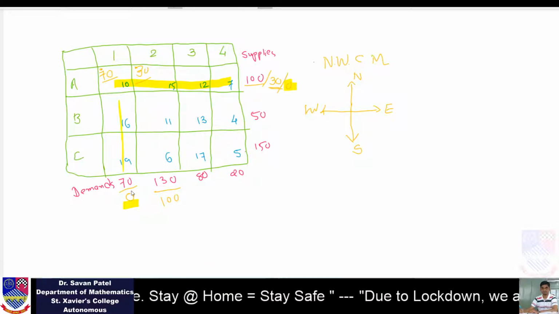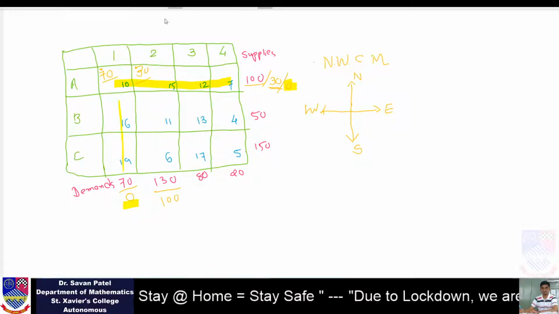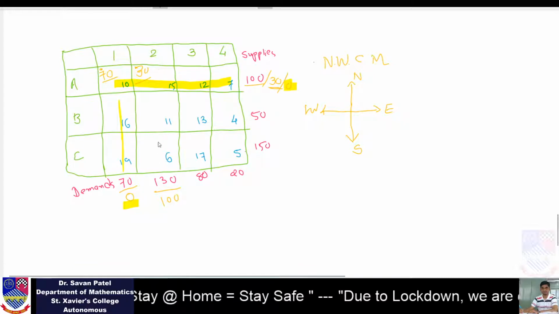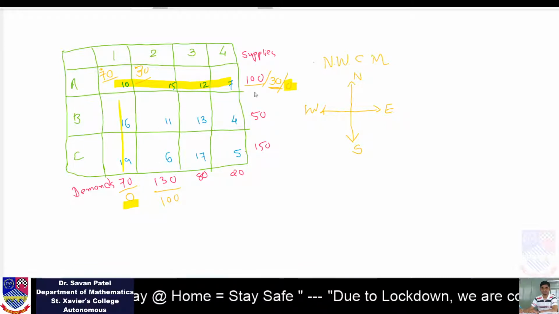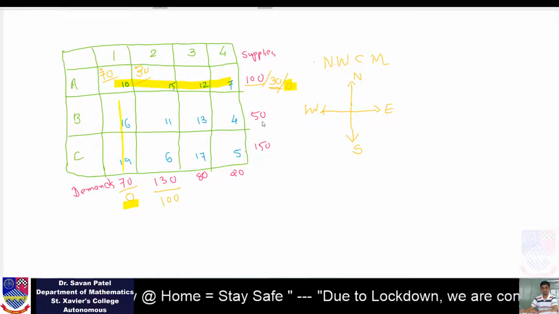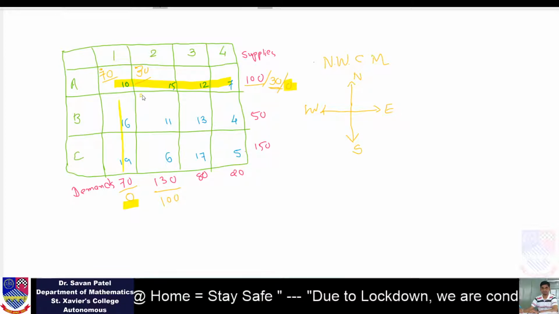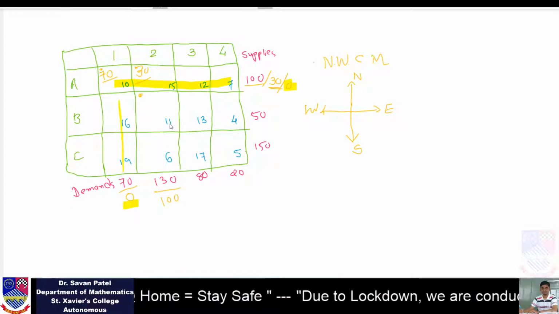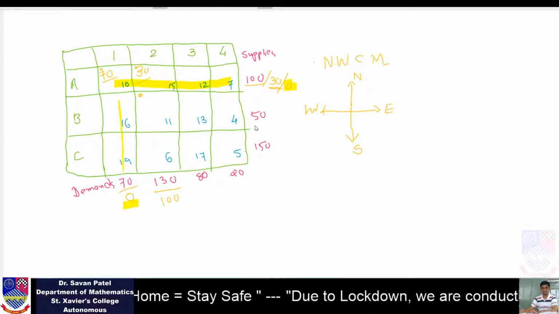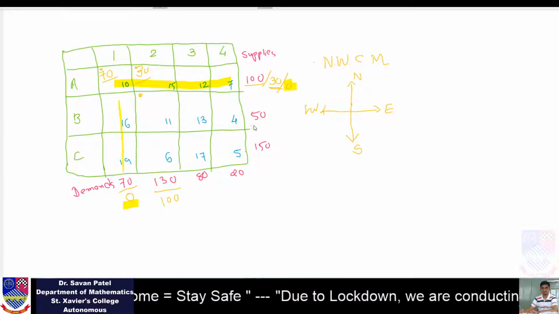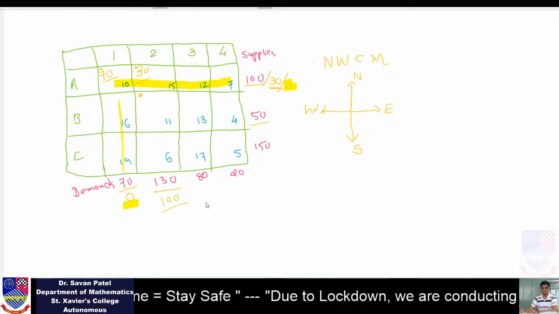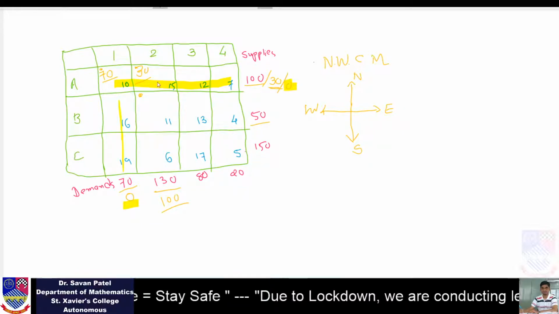We continue with the remaining table. In this table, this is the topmost corner, the northwest corner. The minimum of demand and supply, that is 50 and 100, is 50.